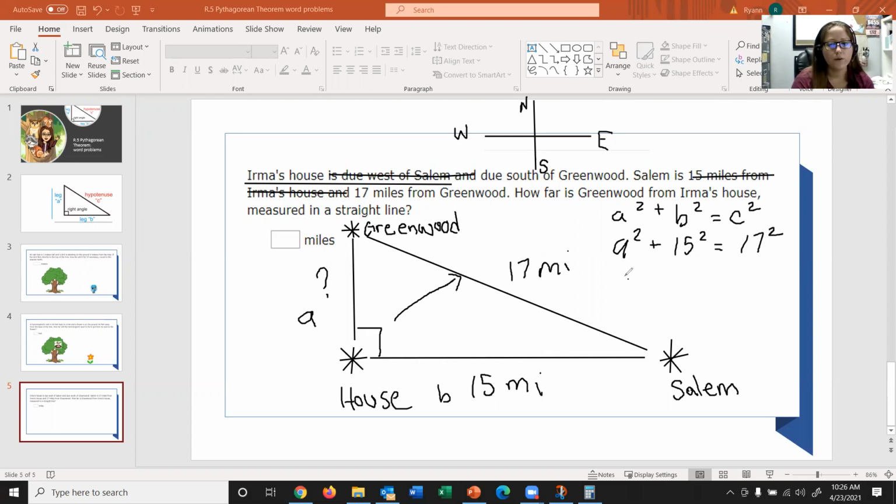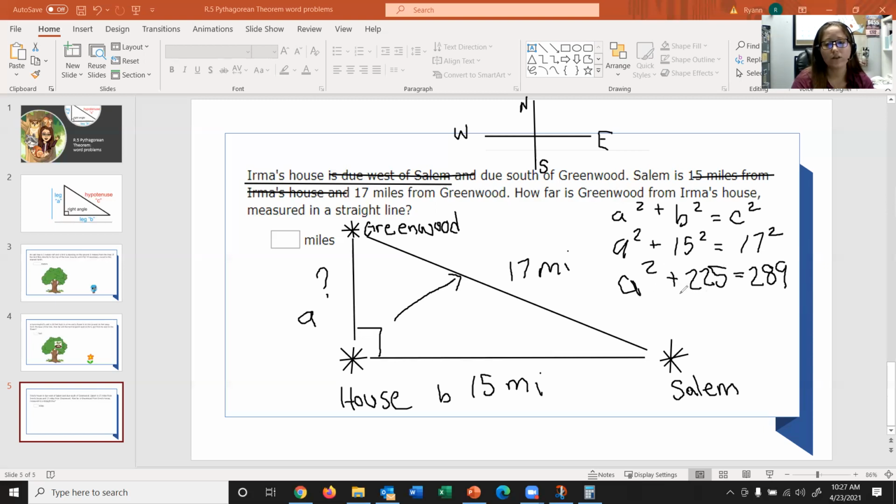Okay, we're going to bring a squared down because we have not figured out what that is yet. 15 squared, 15 times 15, is 225. And then 17 squared, or 17 times 17, is going to give us 289. Now, when you have the equation like this, we're not going to add the numbers together.